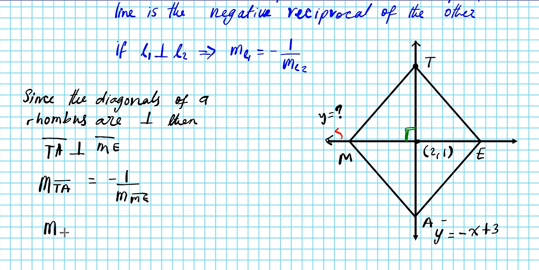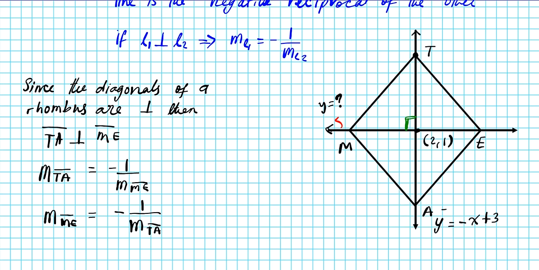The slope of segment ME is also the negative reciprocal of the slope of segment TA. It just depends on what you know and what you need, so you just figure it out accordingly. Now we have the slope of this line. I want to write down the equation of this line, so I need the slope of ME. That's what I'm looking for.